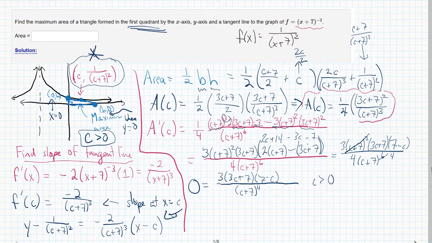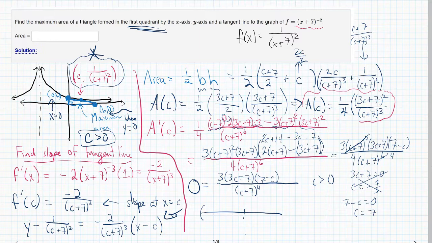So when we do something like 3c plus 7 equals 0, notice we get c equals negative 7/3. That's not going to do anything for us, right? So that means it's not in the values that we want. However, when we go 7 minus c equals 0, notice we get c equals 7, and that's a possible value.